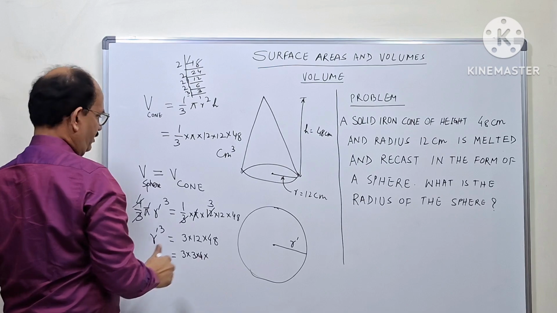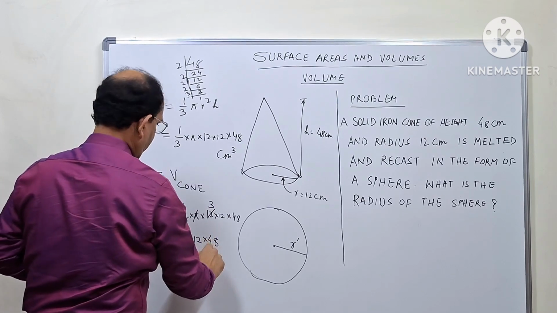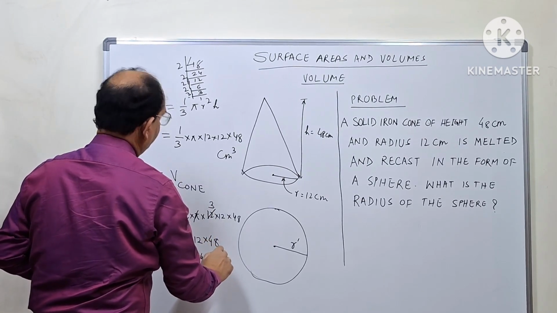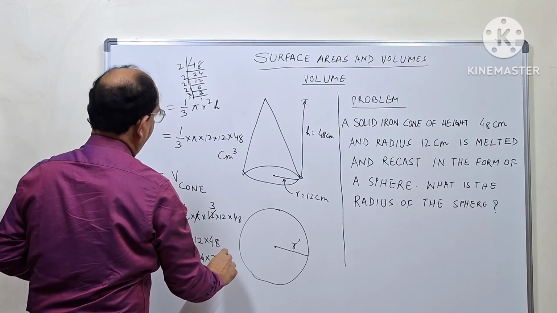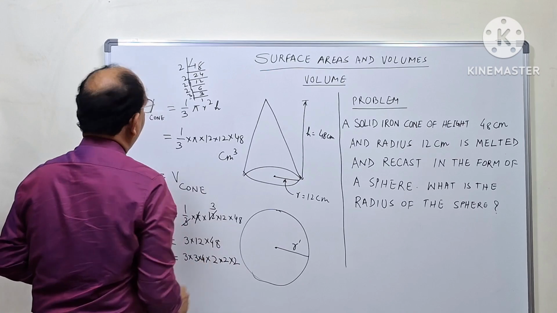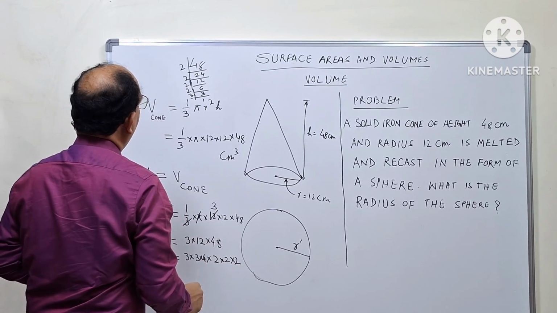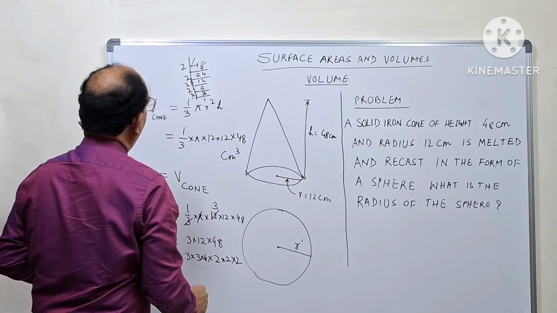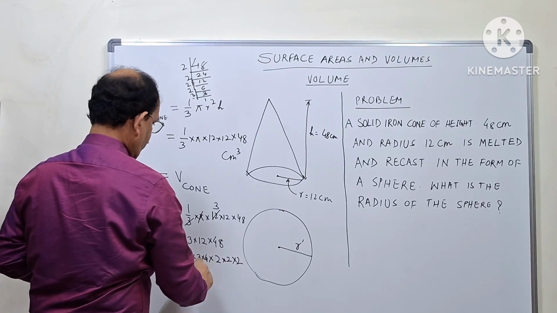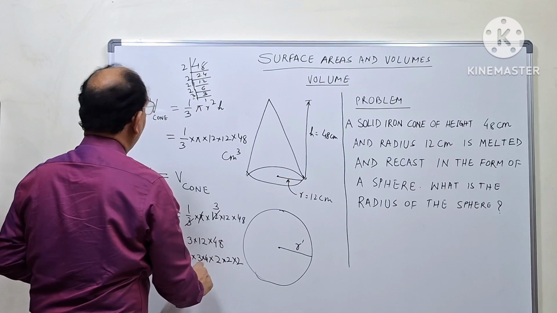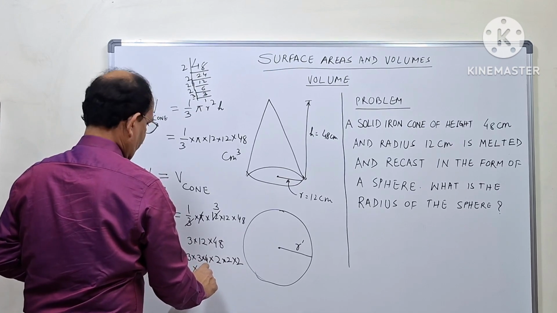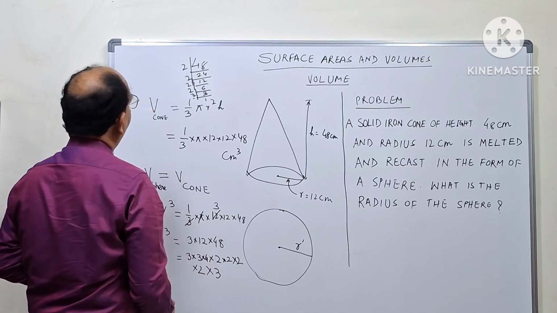So then this will be in the order of 2 into 2 into 2 into 2 into 3.